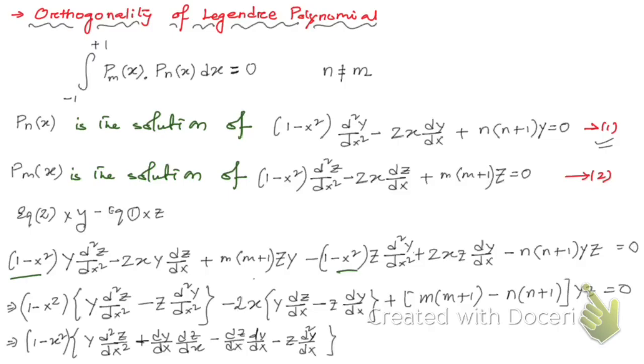That's what we're going to have. Now you see, if you cancel these two terms, again you're going to get this, right? Why I have done this, I'm going to explain later.